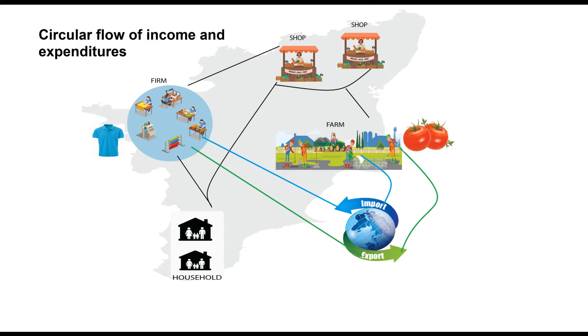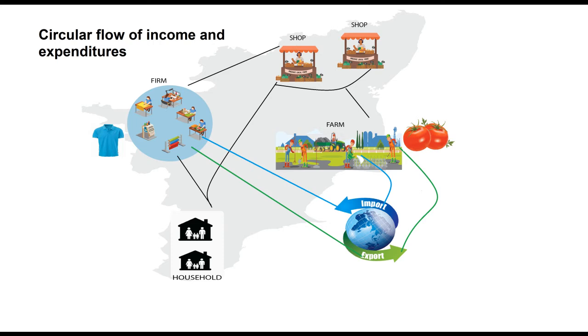So they are making some expenses. The garment company also pays salary, and while selling the shirt they also get revenue. That means in all these examples we find a flow of cash. What we see here is an exchange of goods and services, or a circular flow of income and expenditure.